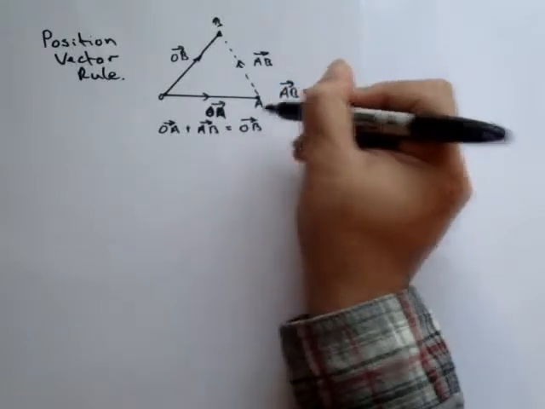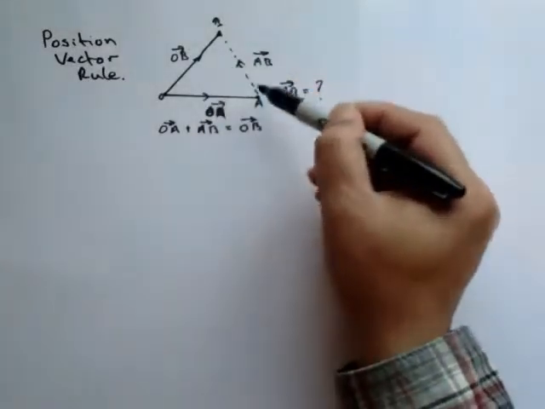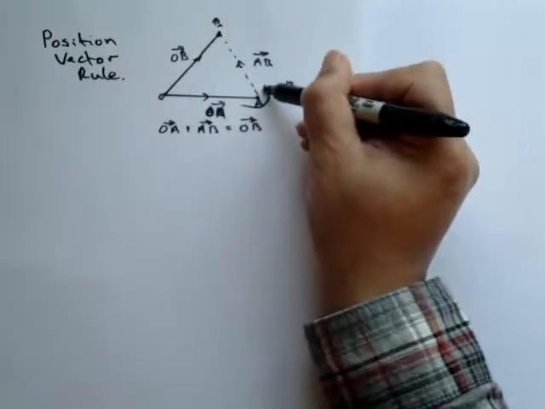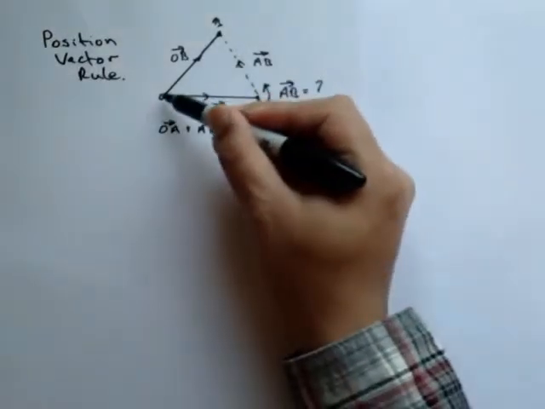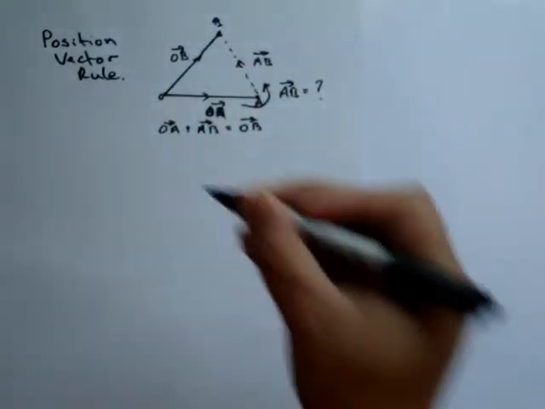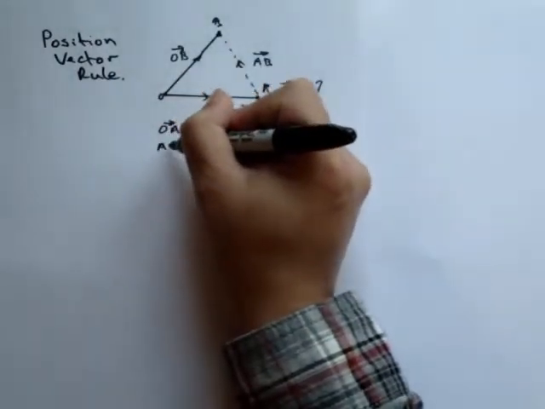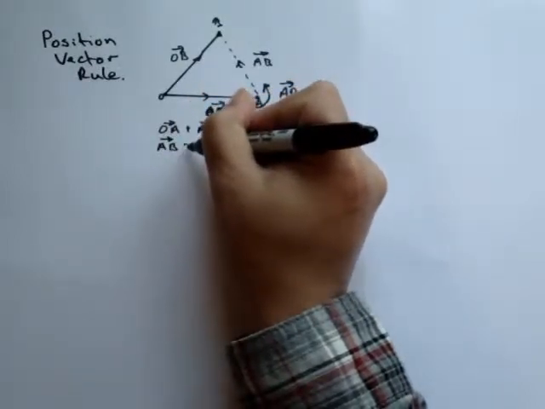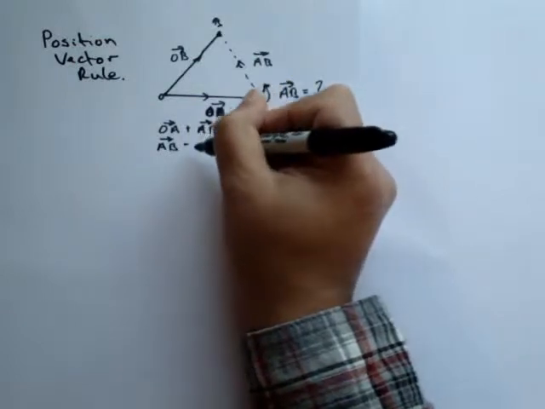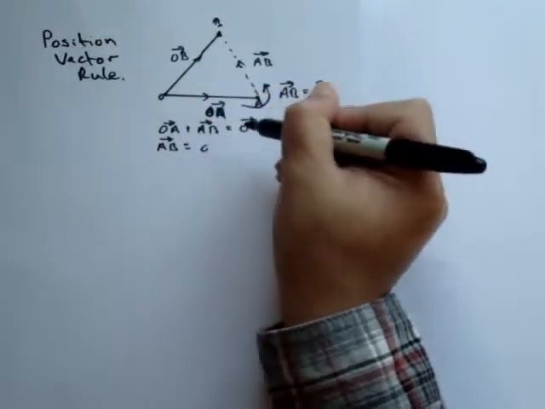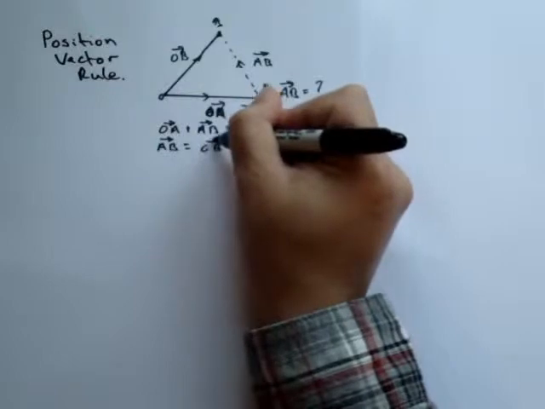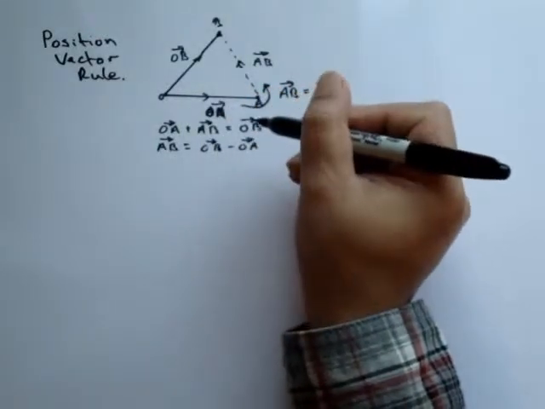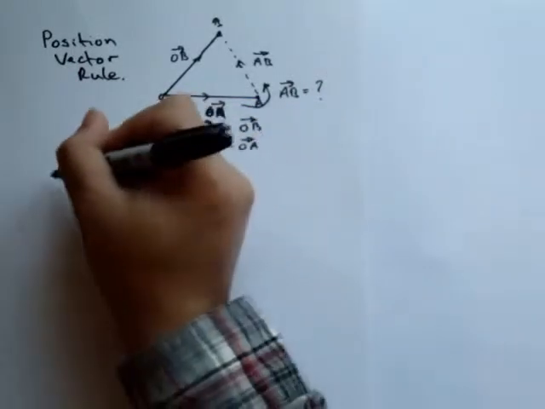So remember what the triangle rule was. We go clockwise this way, so that will be OA, AB, and the resultant would be O to B. Rearranging, we get AB equals OB minus OA. So this gives us our rule.